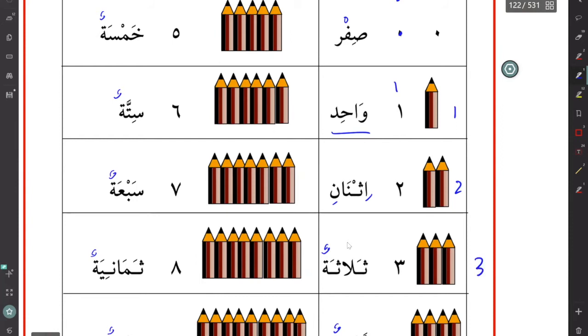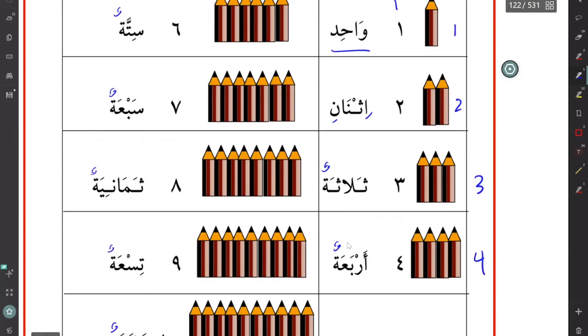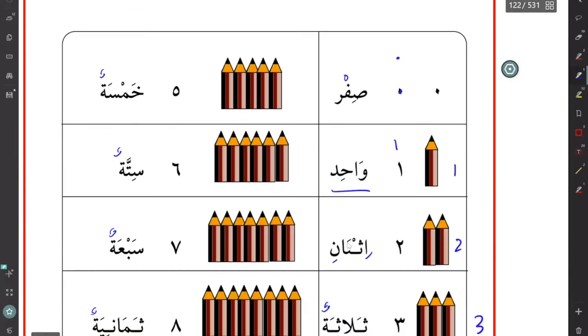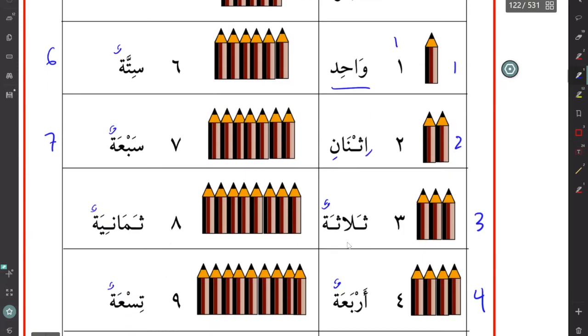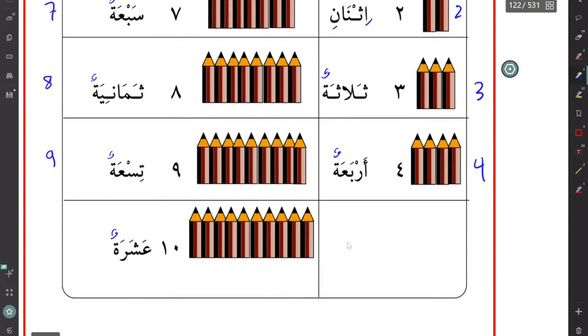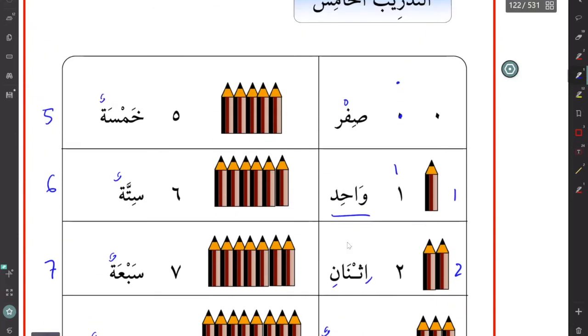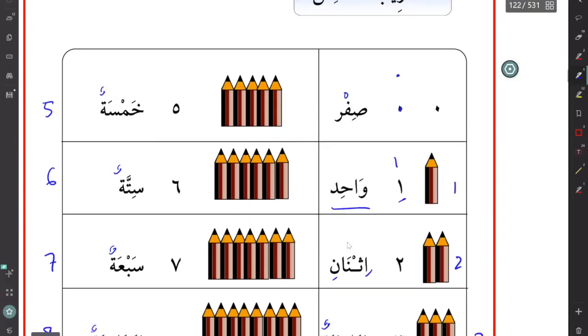Okay, so I'll just write the English here just in case you need. Okay, three, and then you have four, and this is five, six, seven, eight, nine. Nine looks like both of them. But here's what you need to be careful, because it looks like the one, wahid, and the number one is kind of same as in English language.